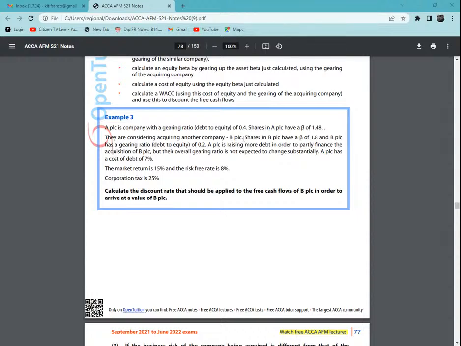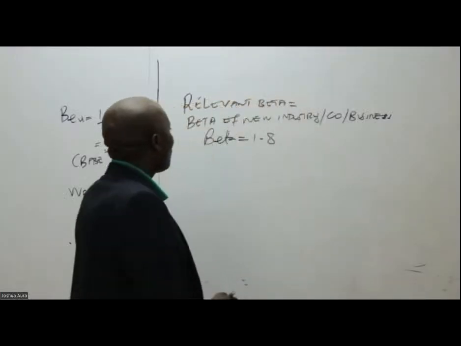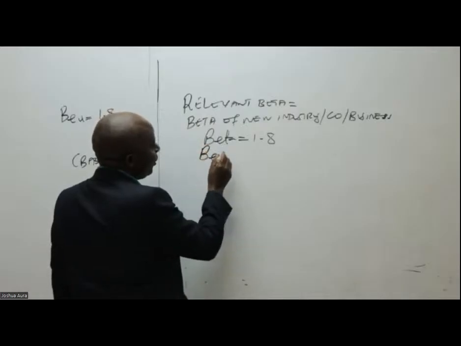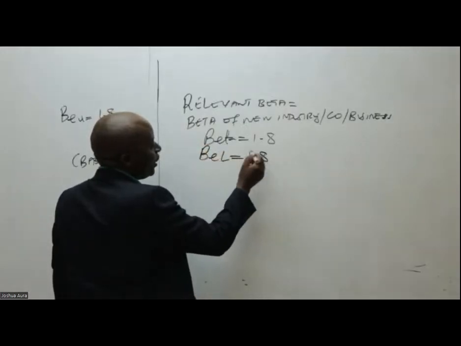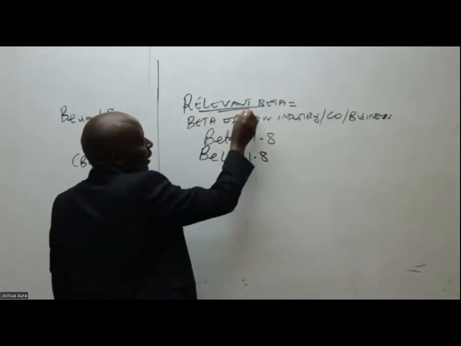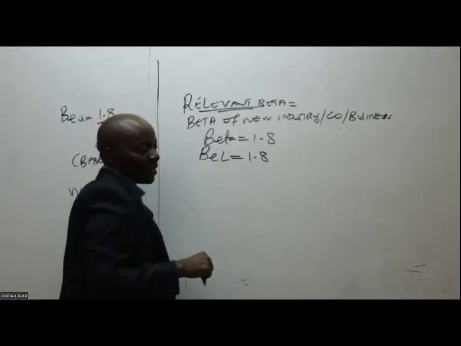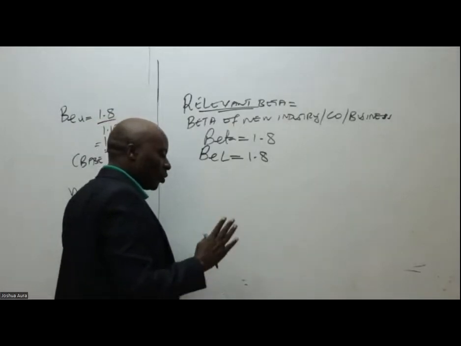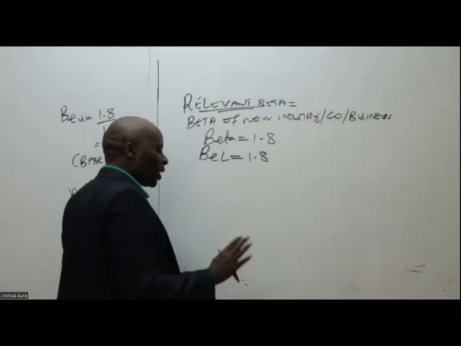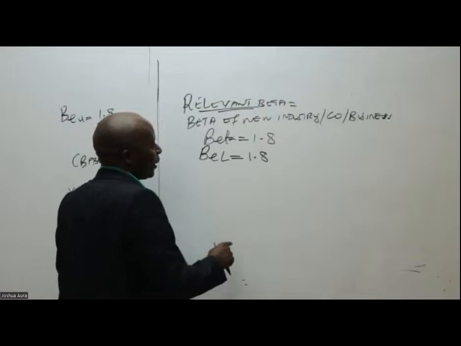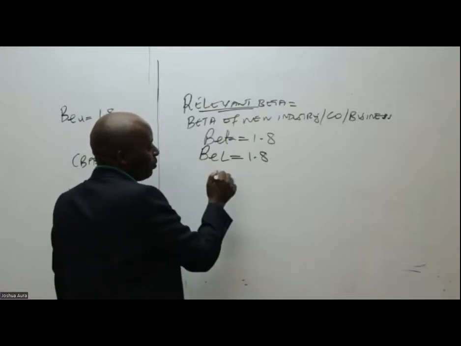And if it's a levered firm, then what I need to conclude is that this beta is beta equity of a levered firm, which is 1.8. The concept is very easy: this relevant beta has to be ungeared, so that when this firm goes to this new industry, they decide later on to bring in debt and what percent. First of all, we know that this has to be changed to BEU.